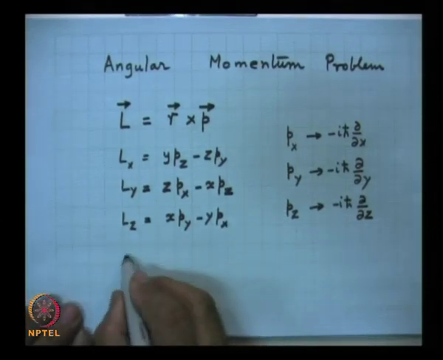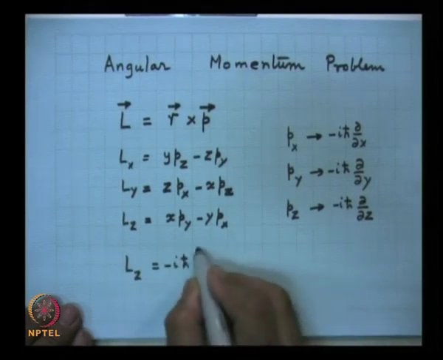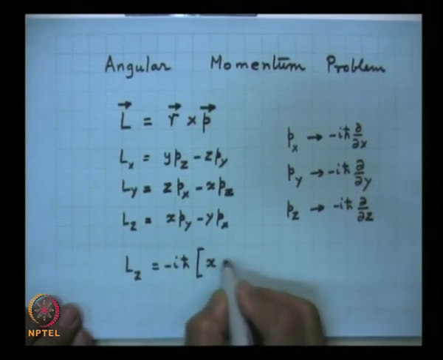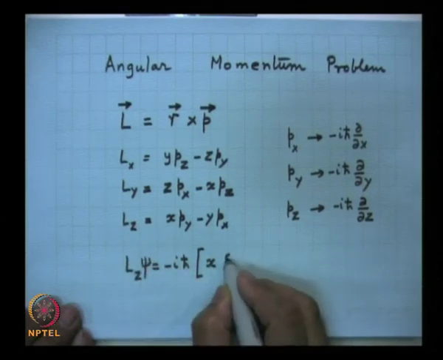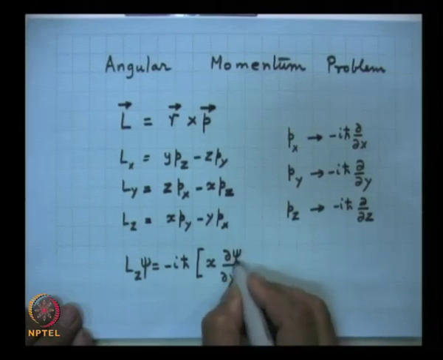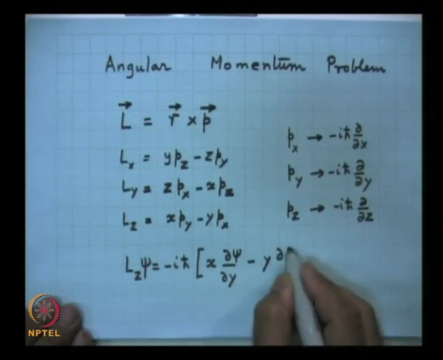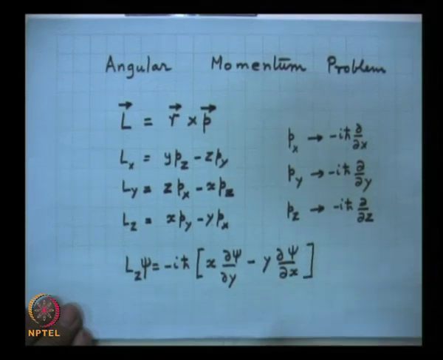For example, Lz will become minus i h-cross times x del by del y minus y del by del x, operating on a wave function psi. This is the operator representation, and it will lead to very important consequences, as we will now show.